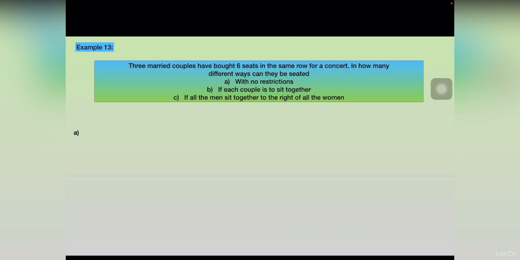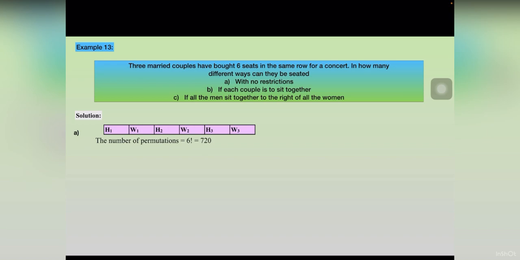C, if all the men sit together to the right of all the women. Solution. This is the general seating of 6 people. They can sit anywhere. So the number of permutations is 6 factorial, or 720 ways.